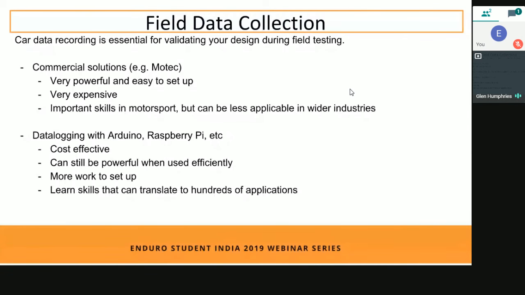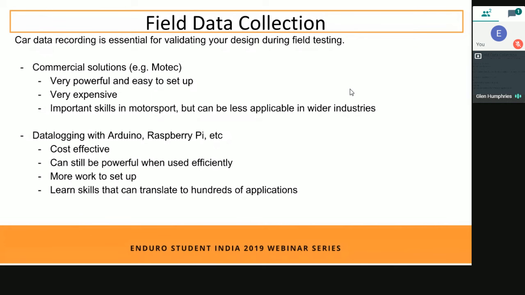Or our other option, this is data logging with an off-the-shelf, low-cost DIY system. For example, things like an Arduino or a Raspberry Pi, real basic, simple microcomputers. Now, obviously, these are very cost effective. They're quite cheap. The sensors for them are quite cheap.